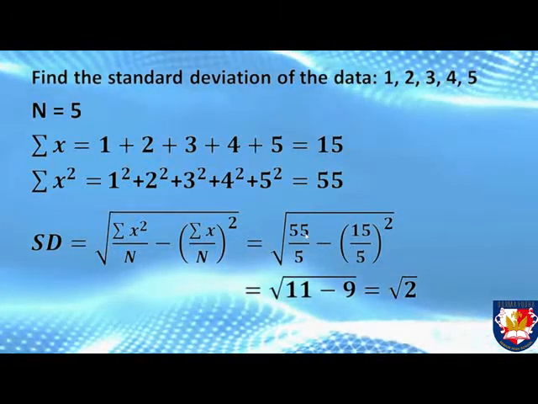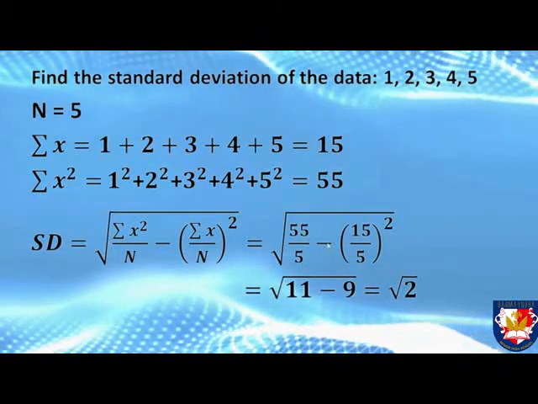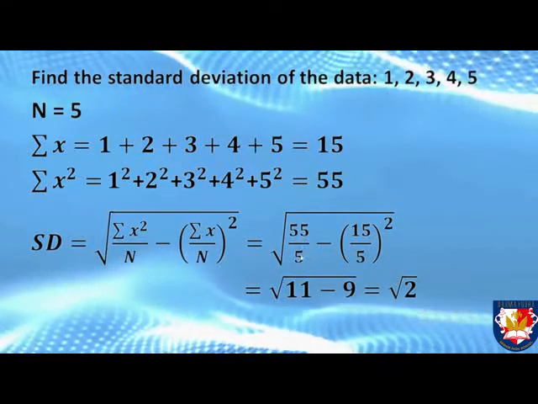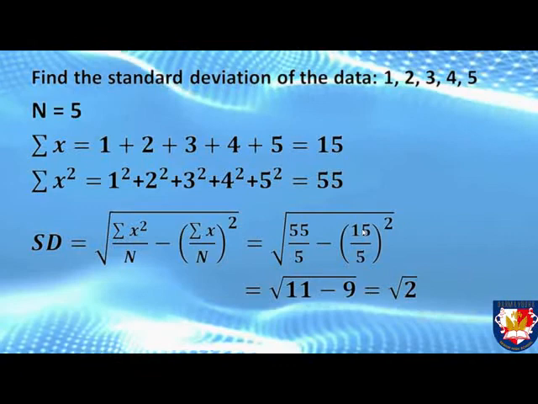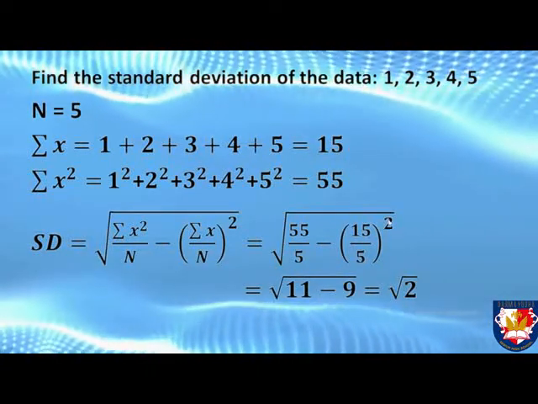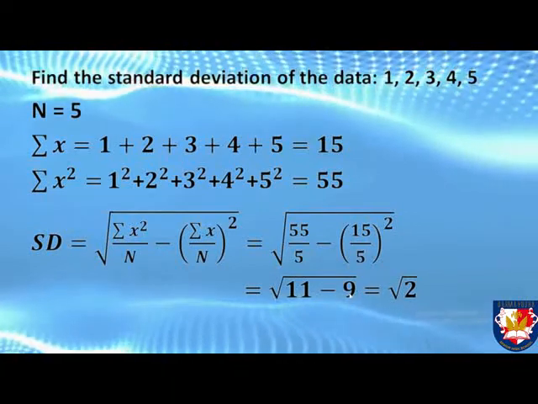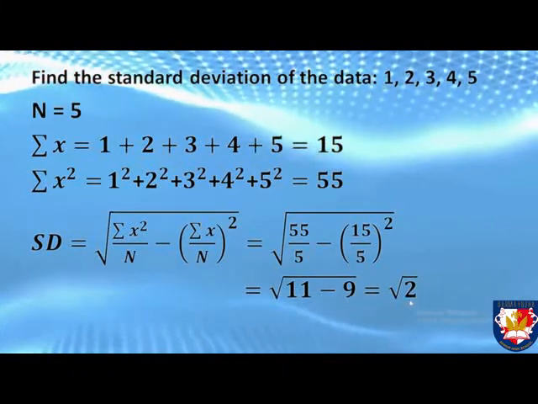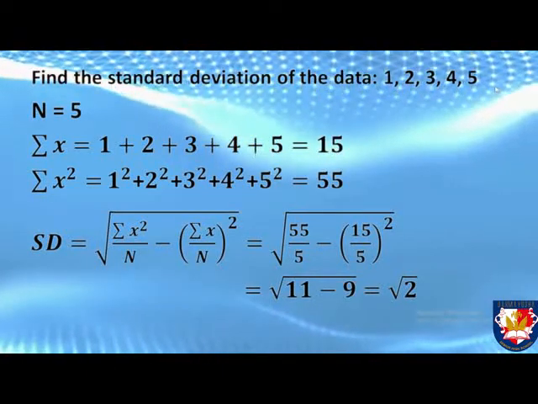It's 55 per 5 minus 15 per 5 square. We know that 55 per 5 is equal to 11, and 15 divide 5 is 3, and 3 square is 9. So 11 minus 9 equal to square root of 2. This is standard deviation for this data.